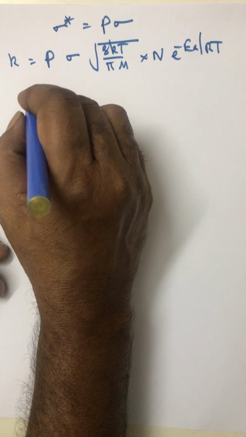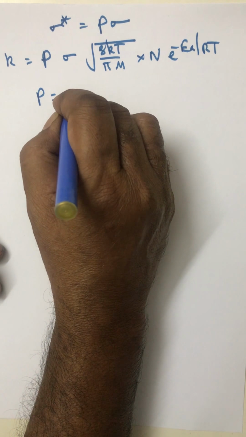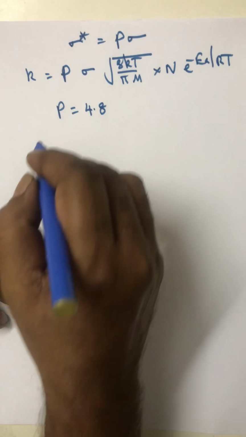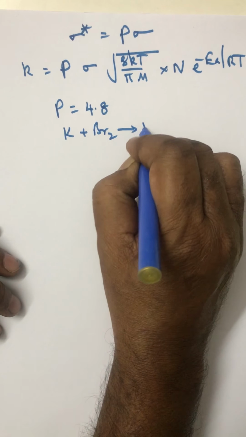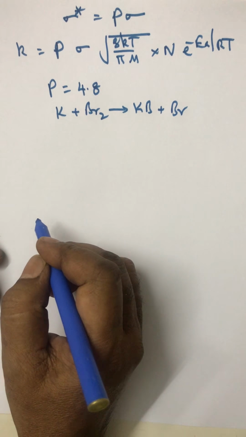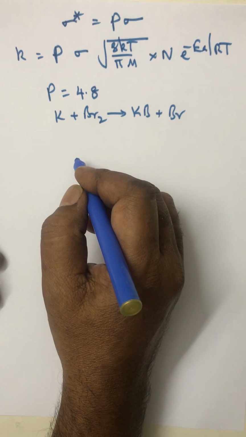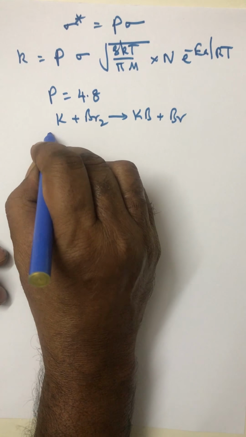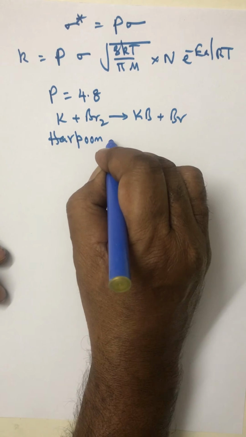In some cases, very few cases, the probability factor is more than 1, such as 4.8. This is an example: K plus Br2 gives KBr plus Br. In this reaction, the distance of approach at which reaction occurs appears to be considerably larger than the distance needed for deflection. This can be explained on the basis of the harpoon mechanism.